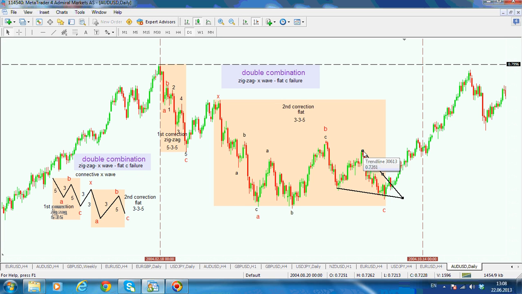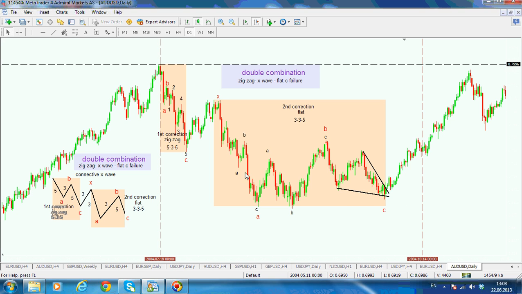Yeah, as you very well know from the ending diagonal chapter, the diagonals have the tendency to move between the 1 and the 3 trend line, and the 2 and the 4 trend line. So this is the 2 and the 4, and this is the 1 and the 3.